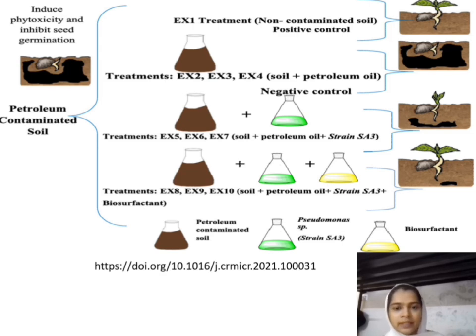In the last test, they added the same petroleum contaminated soil, strain Pseudomonas SA3 and biosurfactant to it. So we can clearly see that the seed is completely germinating. This means the Pseudomonas species and biosurfactant act together and can degrade the crude oil contamination.